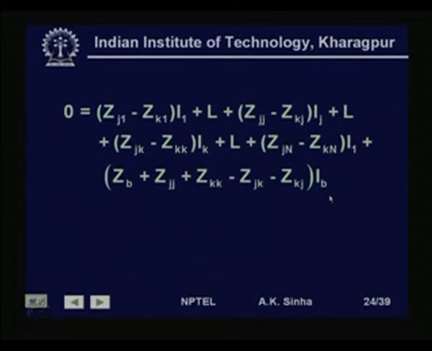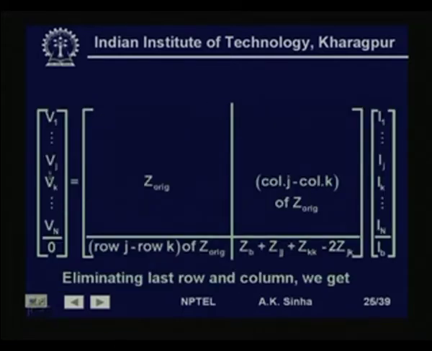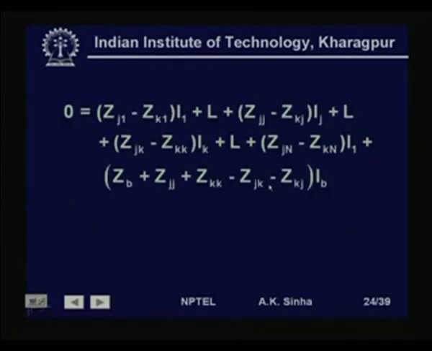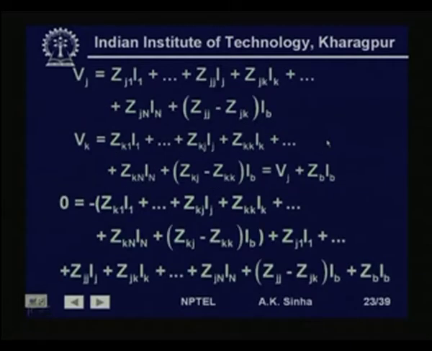We can write this whole thing in matrix form, where this expression goes as the n plus 1th expression. So we have V1 up to Vn, this is the original matrix, and we have Ib terms for all these voltages coming as multiplied by Ib into Z, ZKJ.